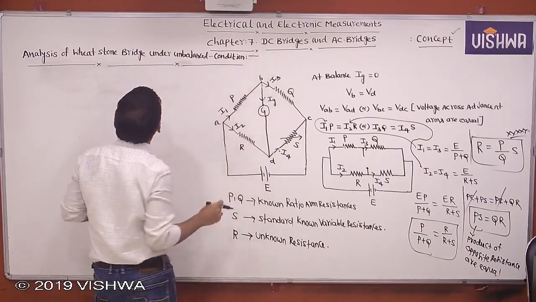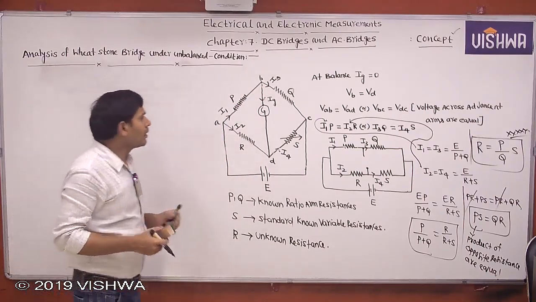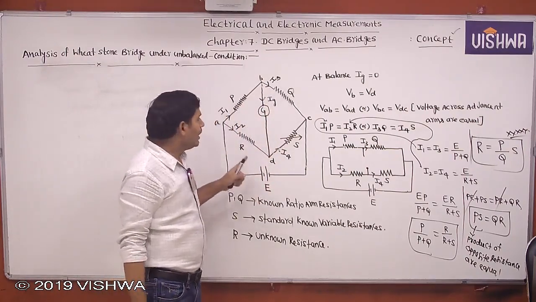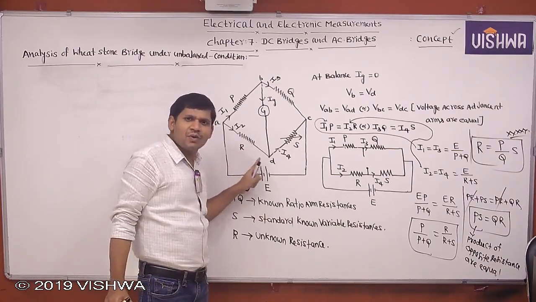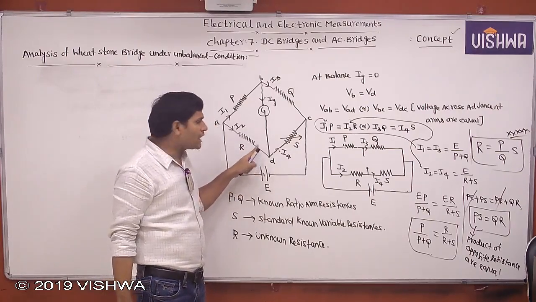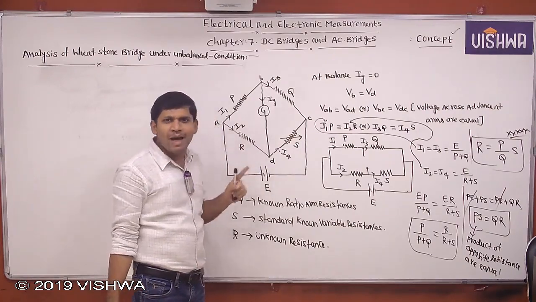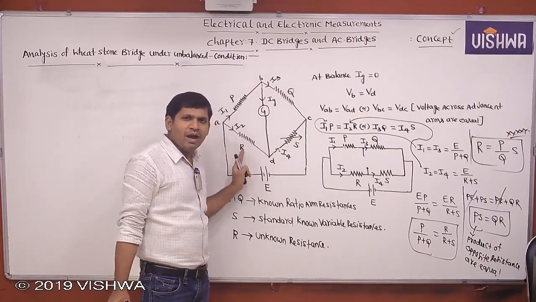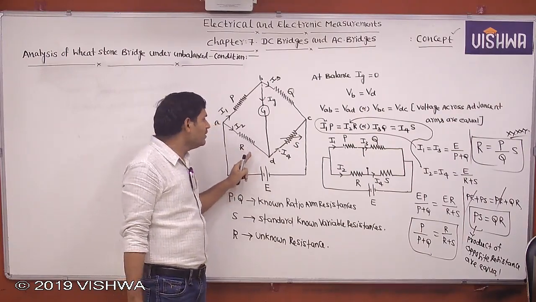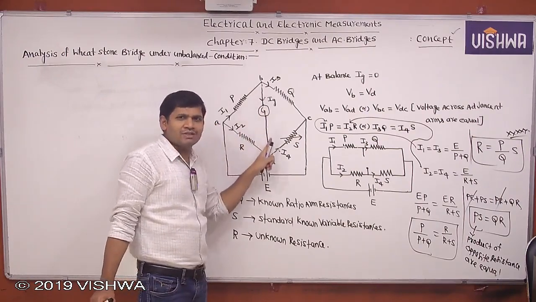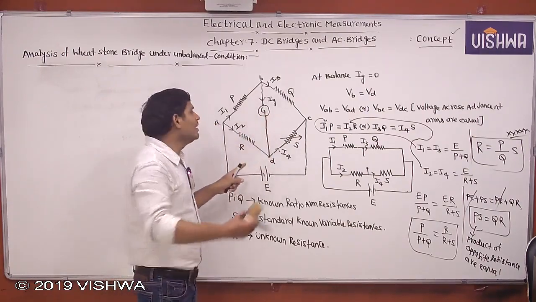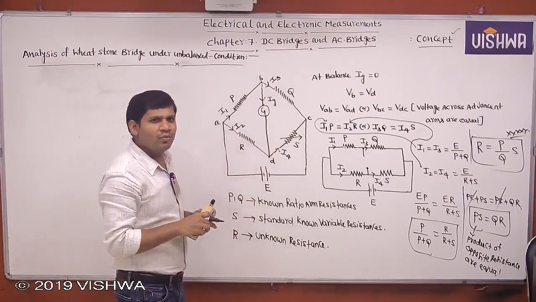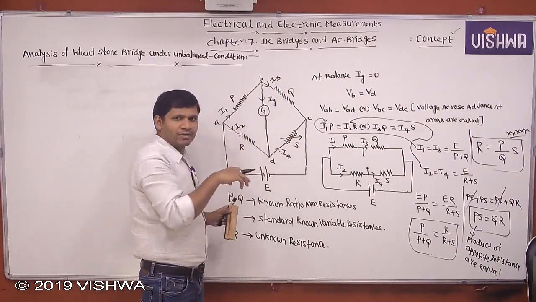Concentrate. Let's assume that with these values of resistances, the bridge is balanced. Let the unknown resistance change from R to R plus delta R. Because of the change of resistance, the bridge is unbalanced. Because of the unbalance, there exists a voltage across the galvanometer, and because of that voltage, there is a current through the galvanometer.